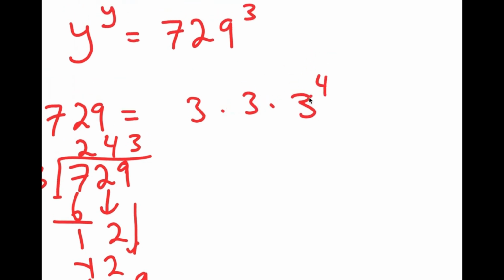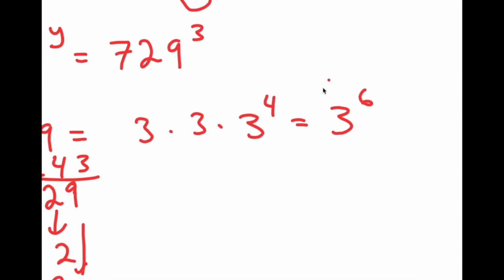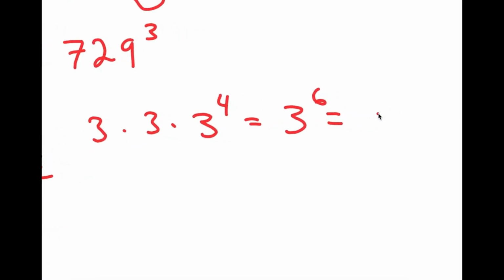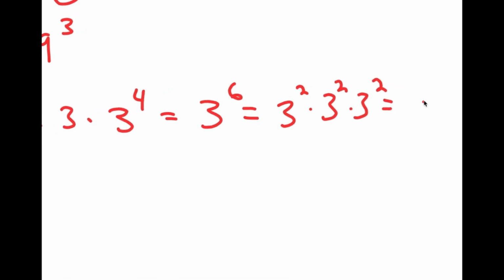So I have 3 times 3 times 3 to the power of 4, which is equal to 3 to the power of 6. Meaning 729 is the same thing as 3 to the power of 6. And 3 to the power of 6, I can break that down into 3 squared times 3 squared times 3 squared, which is equal to 9 to the power of 3.